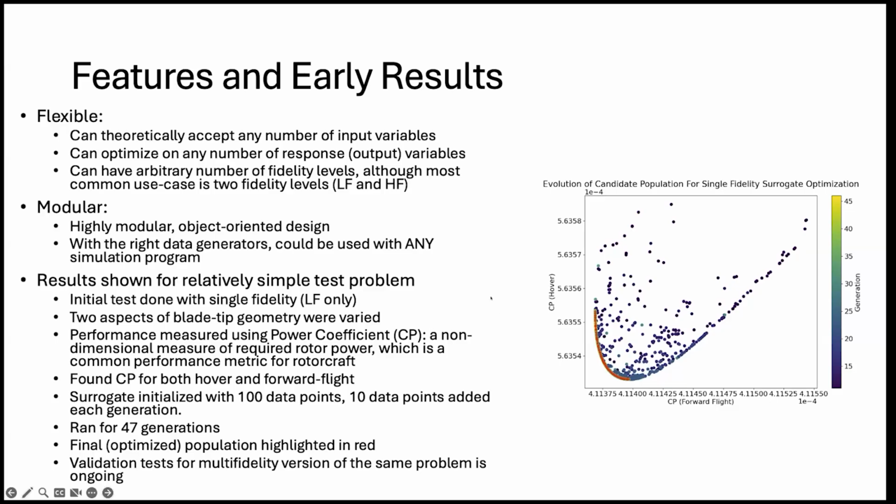It's a pretty common rotorcraft performance metric. We looked at it both in hover and in forward flight, and our goal was to kind of minimize those combined requirements. And here we can see highlighted in red a set of possibly optimum new blade geometries.